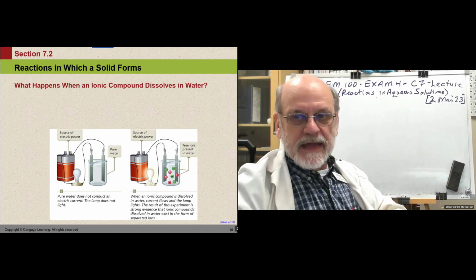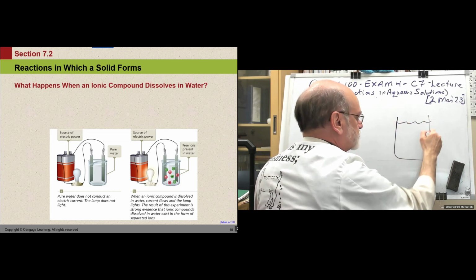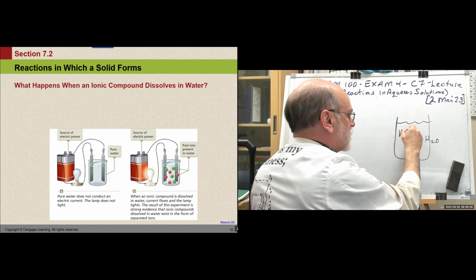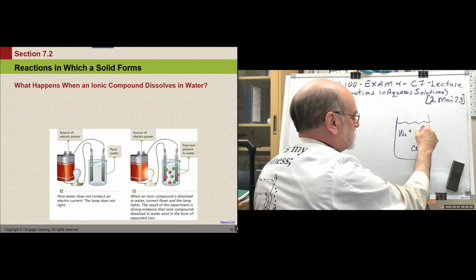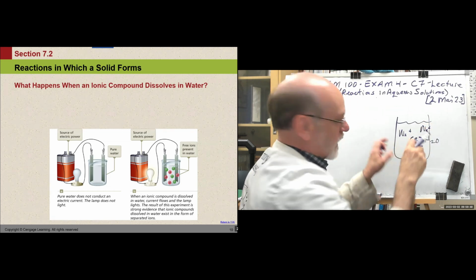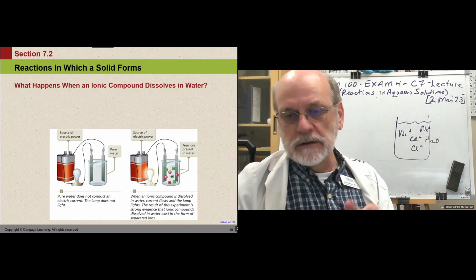So if we have a container of water and we put sodium chloride in solution, we have all these free ions floating around. Right? Billions and billions of them.